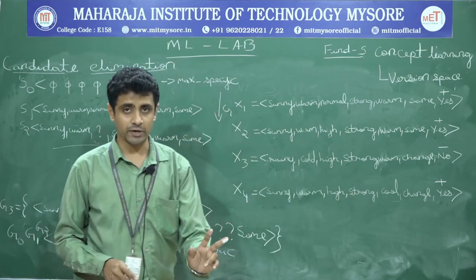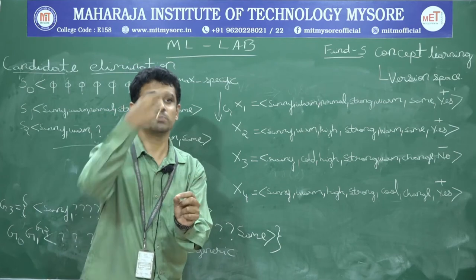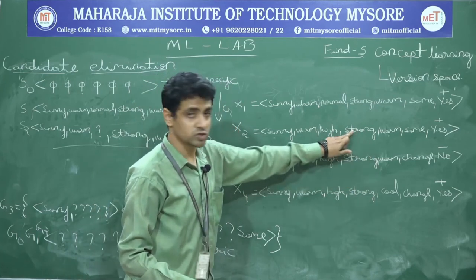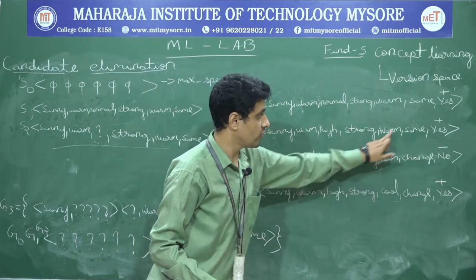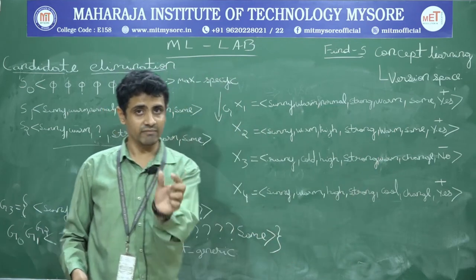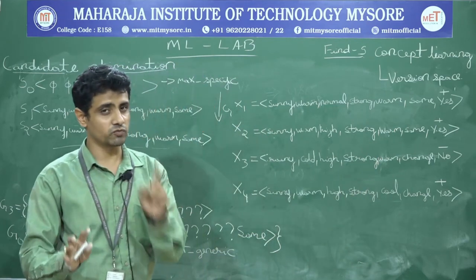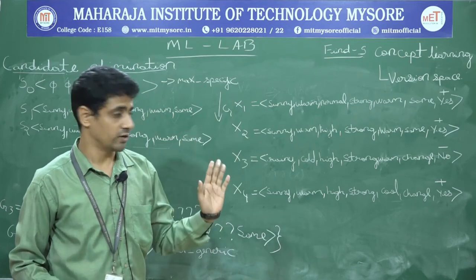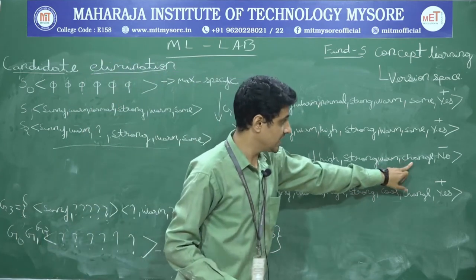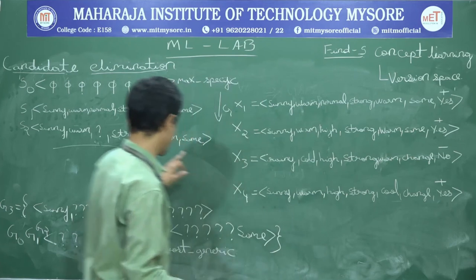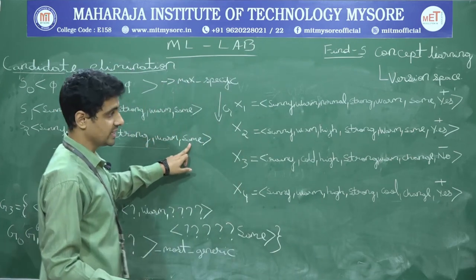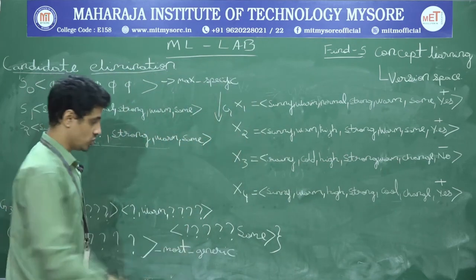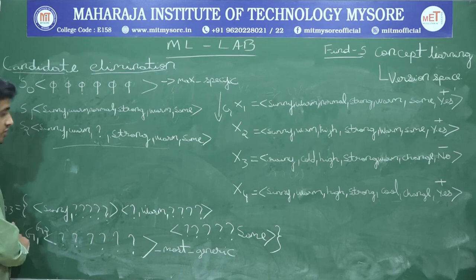Because all these three attributes have a common value for both positive and negative. High for negative, high for positive. Strong for negative, strong for positive. Warm for negative, warm for positive. So it has the same value for positive and negative, so I can't use those attributes for classification in the future. So I have not taken the third, fourth and fifth attributes. Coming to the last attribute, we have change. For positive we have same. So I need to write a generalized one for that also. All together they form G3.